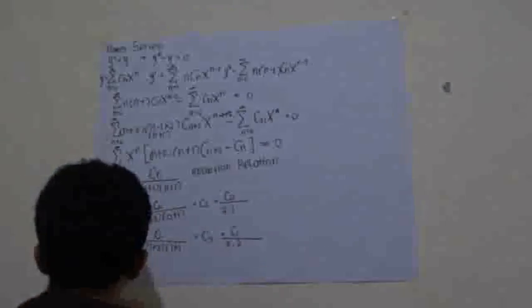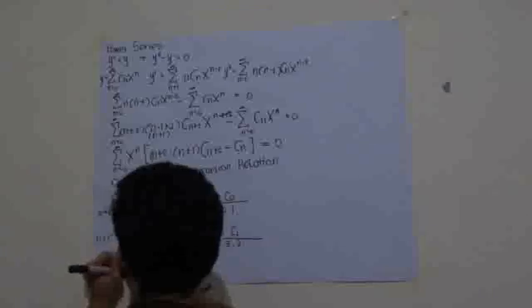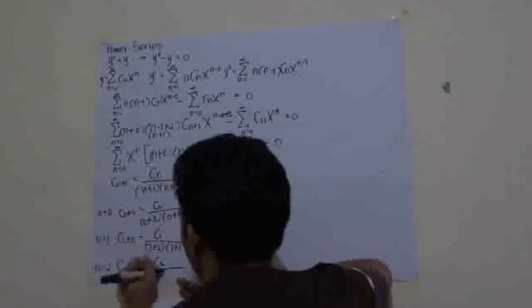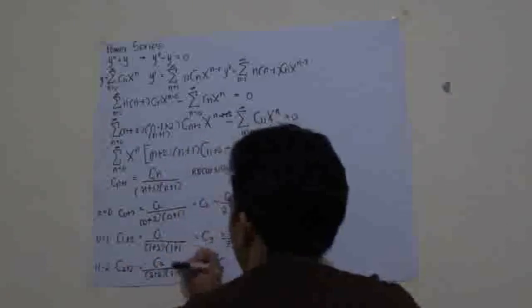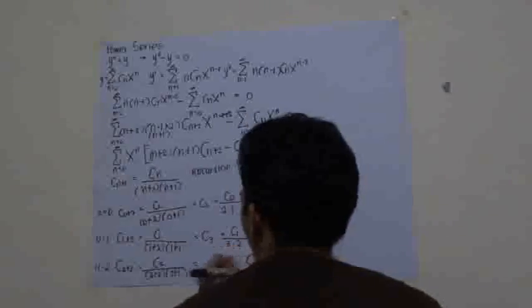And n is equal to 2, having c sub 2 plus 2 is equal to c sub 2 over, n is 2, so 2 plus 2 times 2 plus 1, is equal to c sub 4 is equal to c sub 2 over 4 times 3.